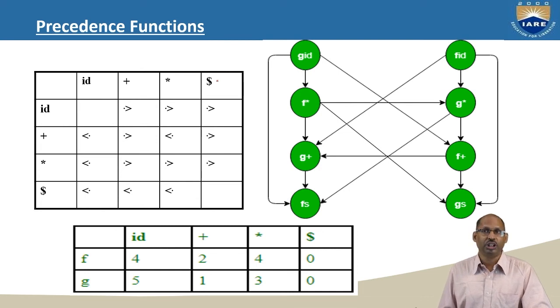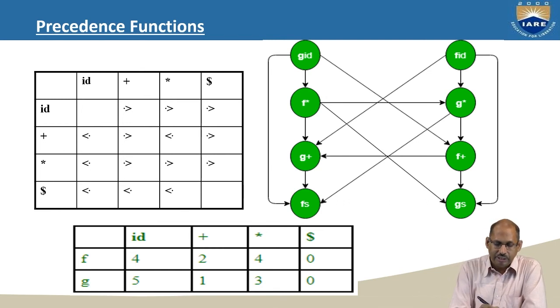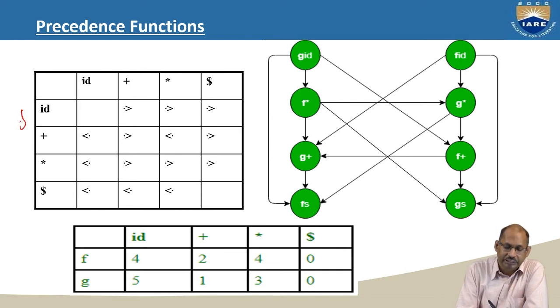This is the first table that we discussed, so that we understand this conversion. So I'm taking symbol one. Here in this table, we consider the rows as the f function, and the columns as the g function.